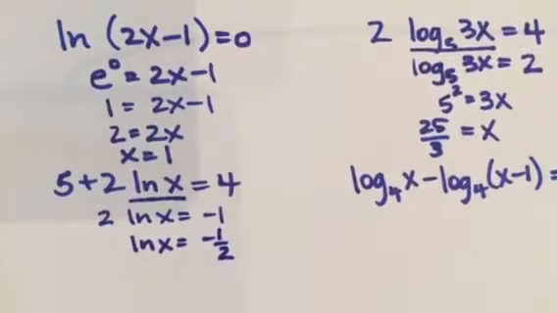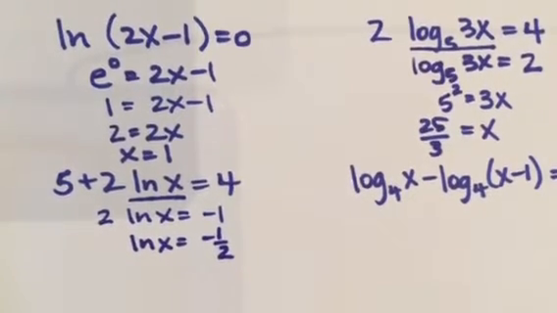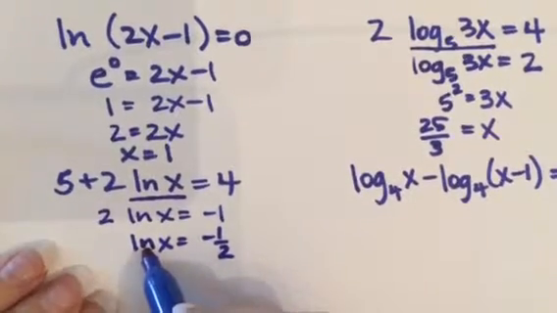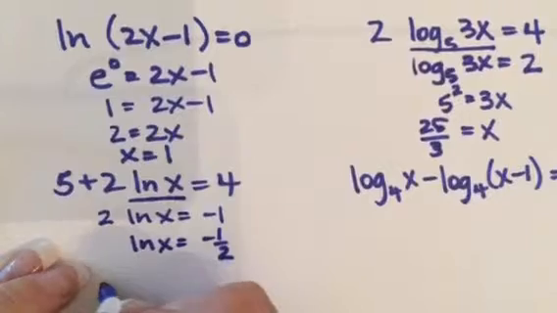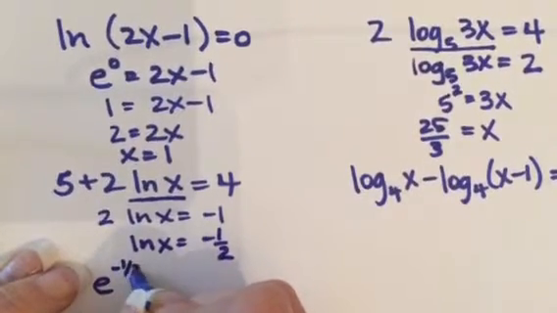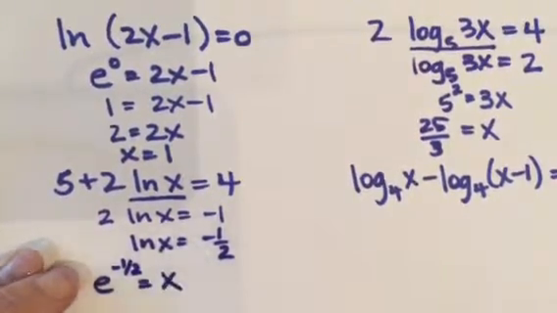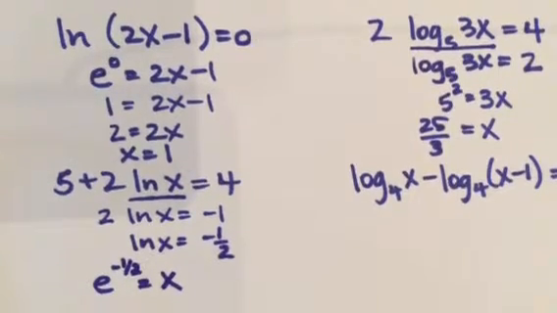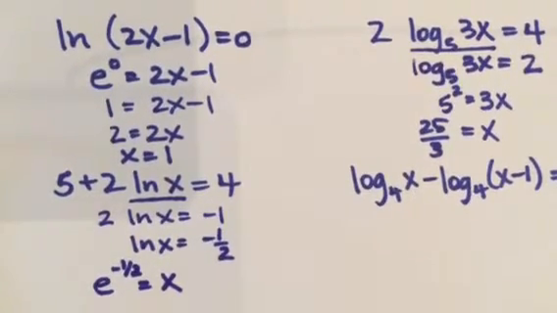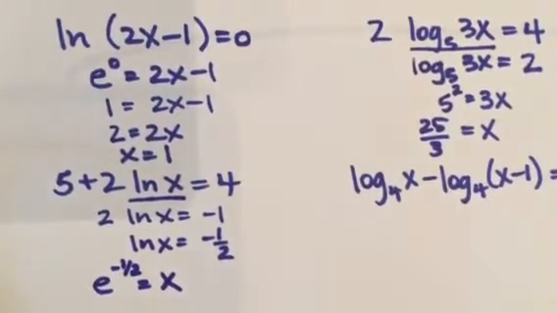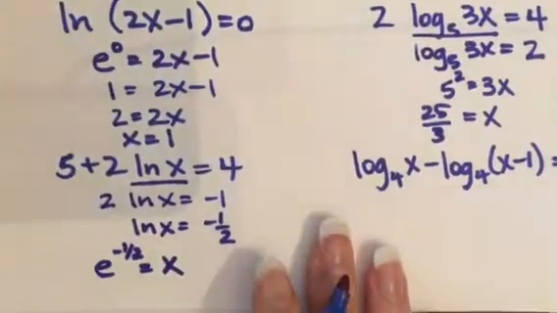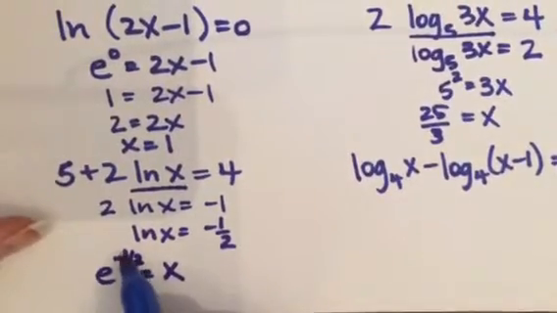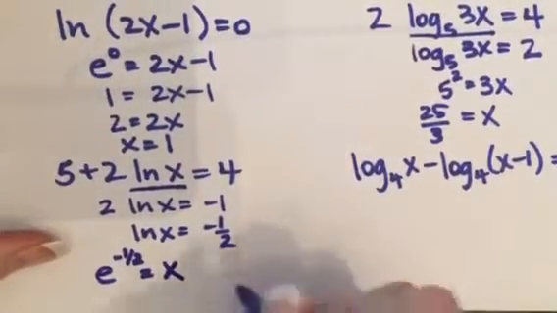All right, so at this point we would rewrite this as an exponential equation. So recall that base is e. So we have e to the negative 1/2 is equal to x. Okay, so this is okay, but we really don't like to see negative exponents. And those rational exponents, oh, they're a little bit of a pain. So we're going to get rid of both of those. Remember that we can take anything that has a negative exponent, flip it down to the bottom, okay?